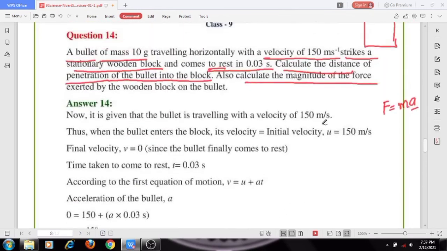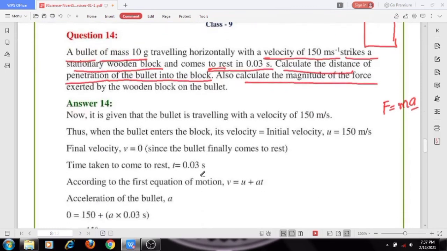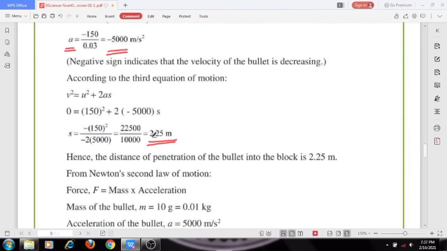That means the bullet has penetrated into the block and covered 2.25 meter. So this much distance has been traveled by the bullet into that block. Hence the distance of penetration of the bullet into the block is 2.25 meter.